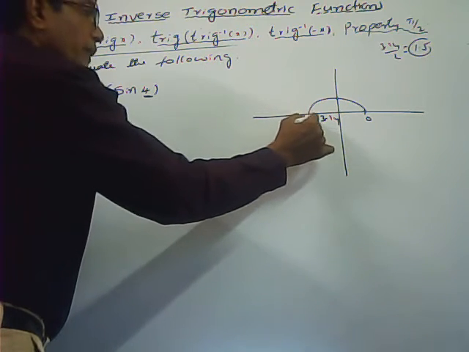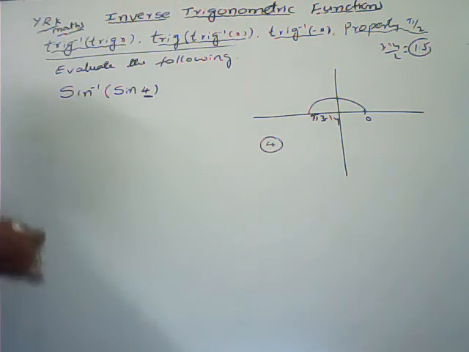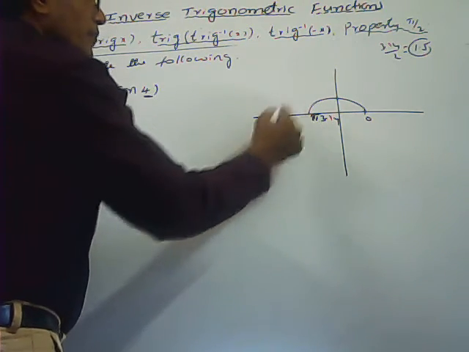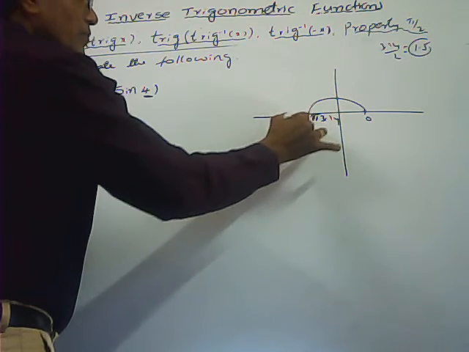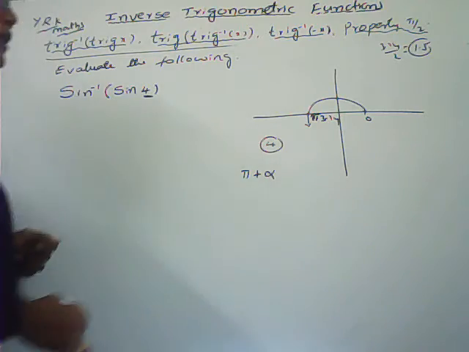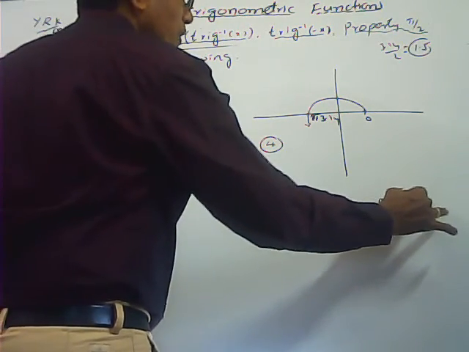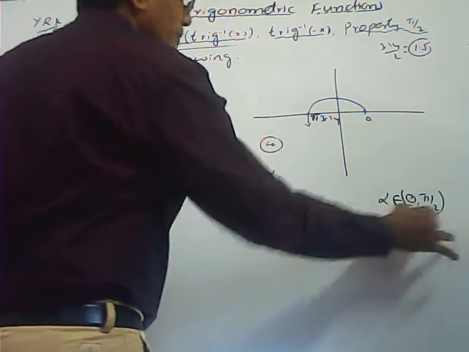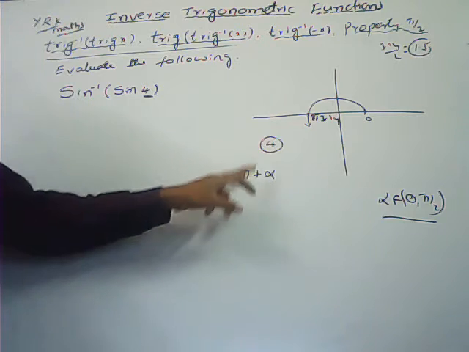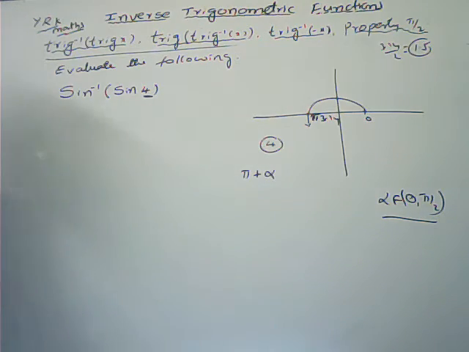So 4 radians belongs to the third quadrant. That is the third quadrant. By adding pi plus some acute angle alpha, alpha always lies in between 0 to 90 only. By adding some positive value alpha to the pi, we can get 4.